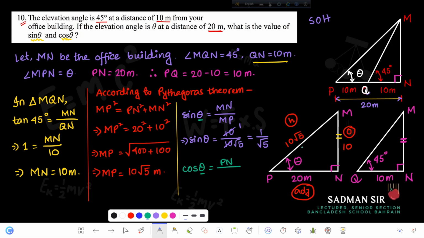So PN divided by the hypotenuse, that is MP. So we will replace the value. PN is 20 divided by MP, that is 10 root 5. So that will give us a value, 10 2s are 20. So 2 divided by root 5. So that is the value of cos theta.